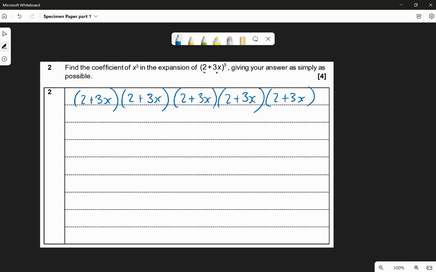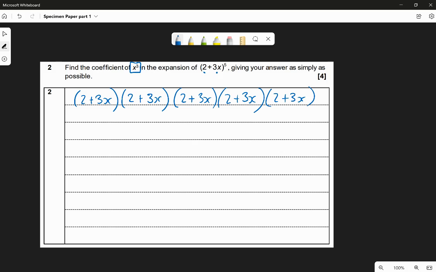I could choose the 2 times the 2 times the 2 times the 2 times the 2. That will give me one of the possible results of this expansion, and that's 2 to the power of 5. What I want though is the x cubed term.